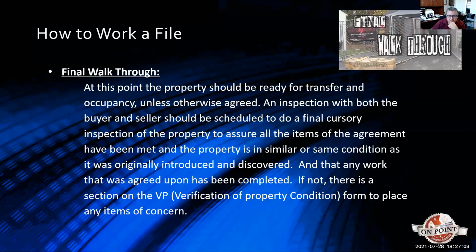And really they're just verifying if they had asked for any work to be done, they're verifying that it was done, right? Or not. Because if it isn't, then the next sentence here talks about the VP, or the verification of property condition, that you can write it down there that it wasn't performed, okay?